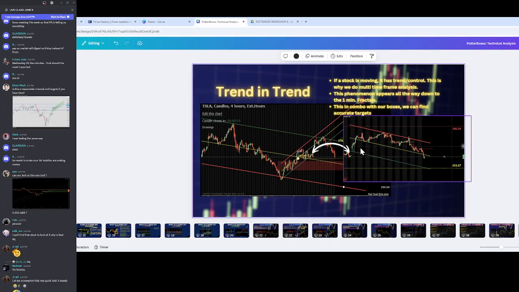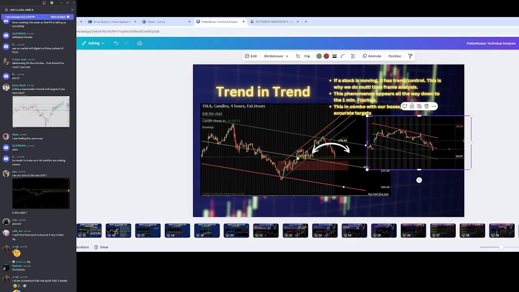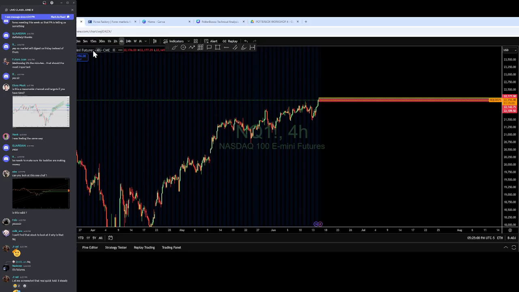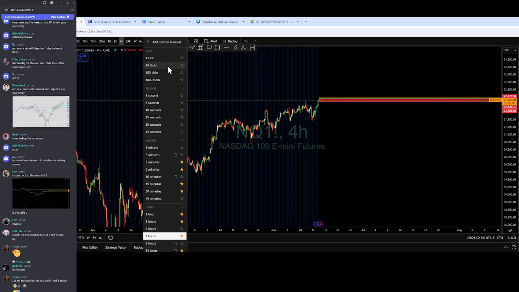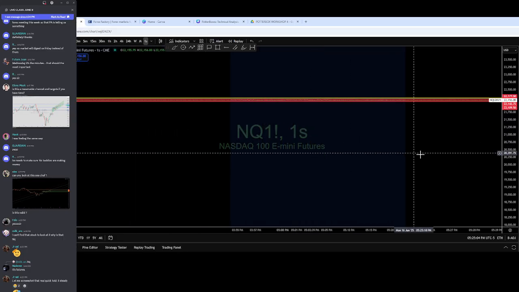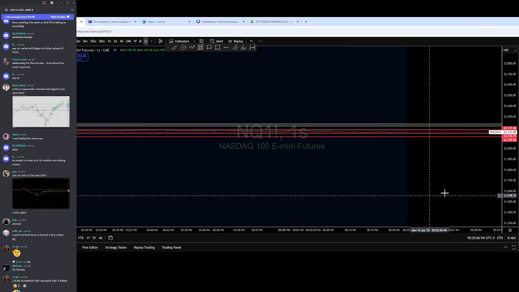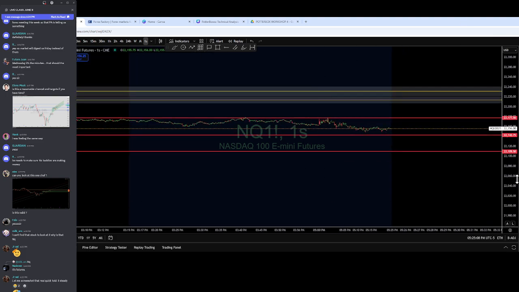Trend in trend. So if a stock is moving, it has control. Okay. So if you're looking at something somewhere, there's some form of control. And again, this phenomenon applies all the way down to the 1 minute, 15 second. Again, how low does this go? 1 second. Everything is the same way, right?